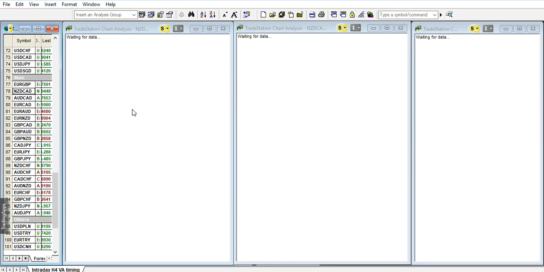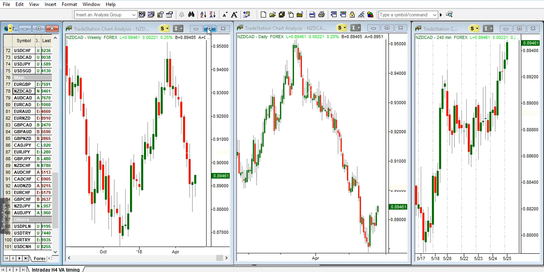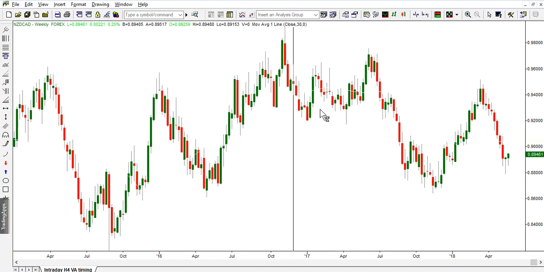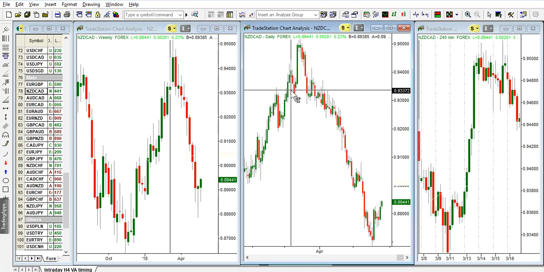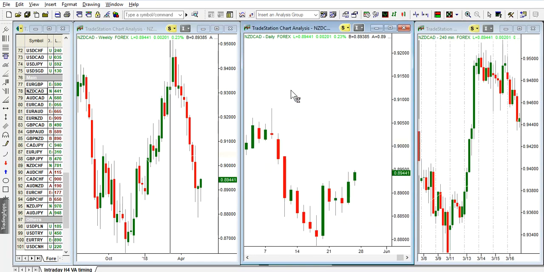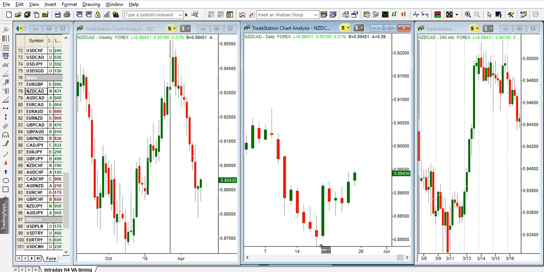New Zealand dollar, Canadian dollar, with the strength in the Canadian dollar and weakness in the New Zealand dollar, this market actually has started a potential move higher here, and this market is in a large trend. On the daily time frame, there was 50% trading at the beginning of the week here.